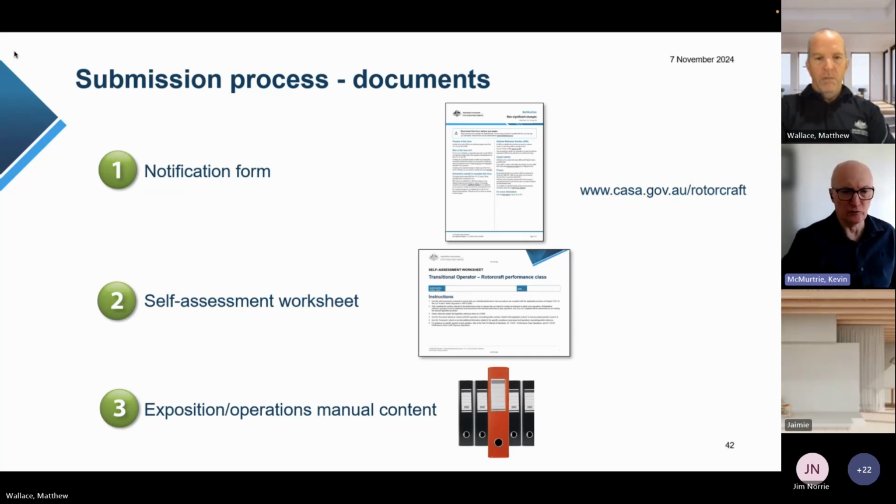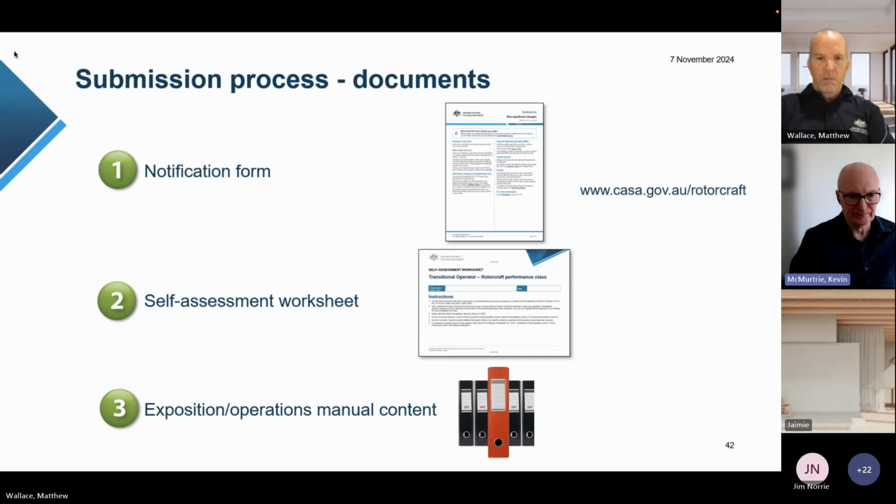And then your rotorcraft performance exposition or operations manual content. As Matt mentioned before, you can utilise the sample exposition content that's been produced internally by our helicopter experts, and you can modify and adapt that for your own unique operations. So that's what a submission will entail: the non-significant change notification form, self-assessment worksheet, and your exposition content.